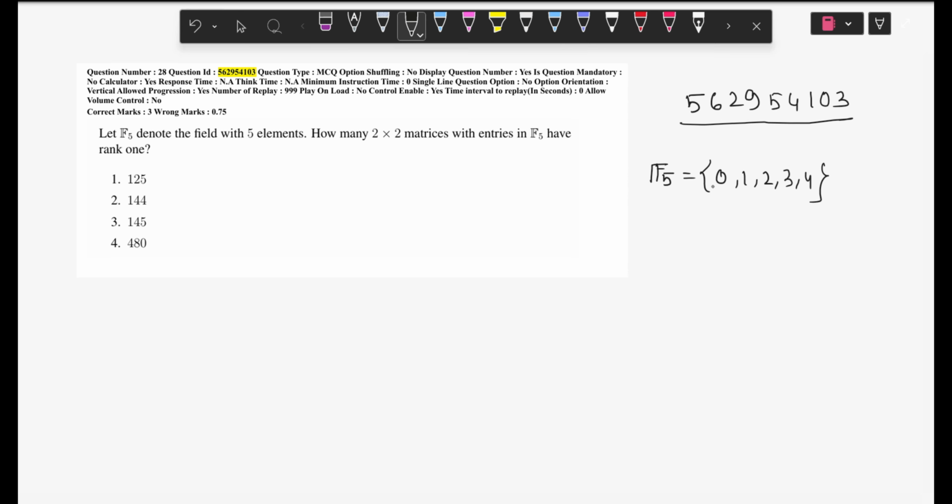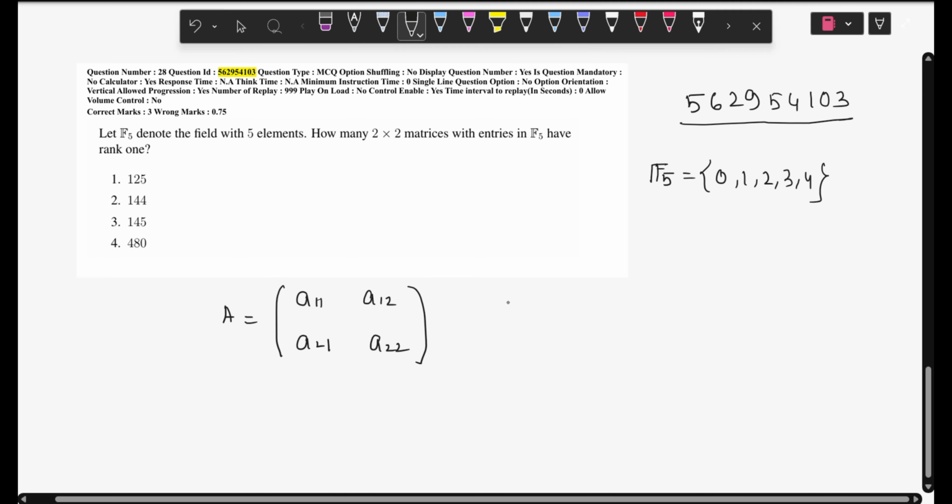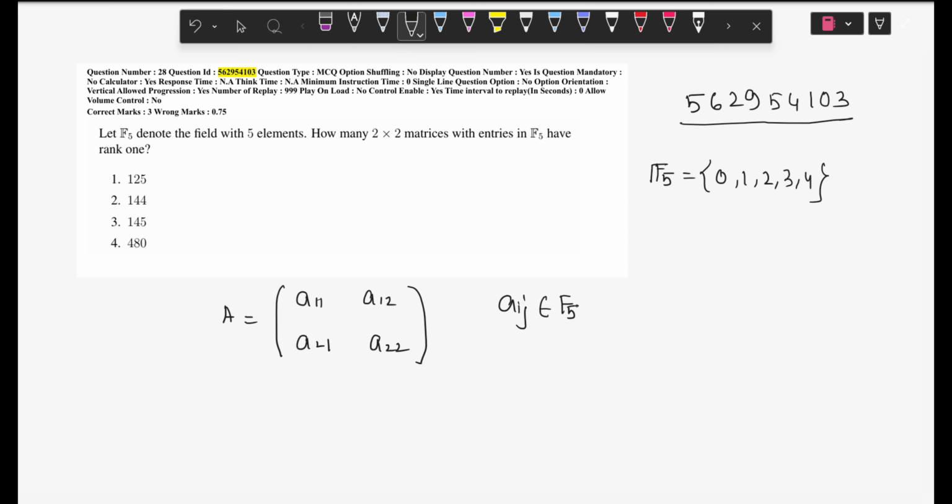ठीक है ना? So now we need to make a 2 cross 2 matrix A, where A is like this: A11, A12, A21, A22, and where Aij belongs to F5. So how many matrices of rank 1 can be formed? ठीक है ना?